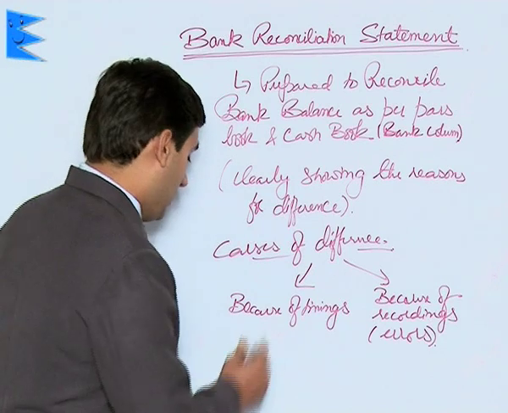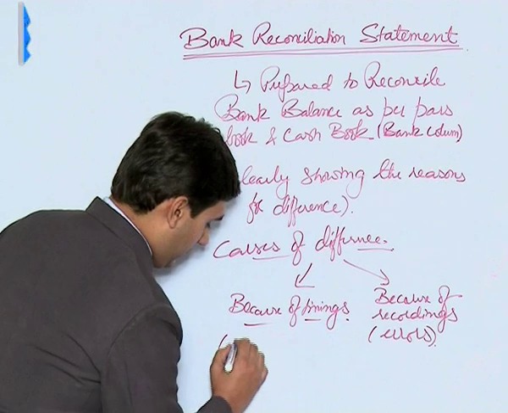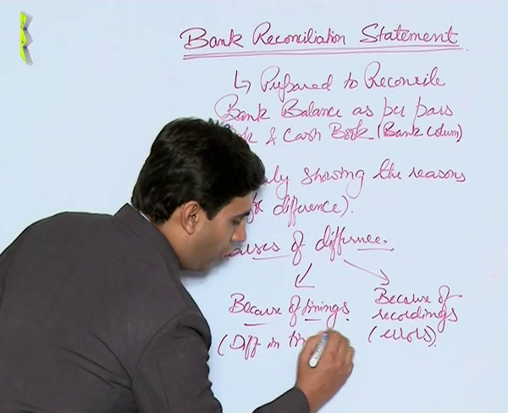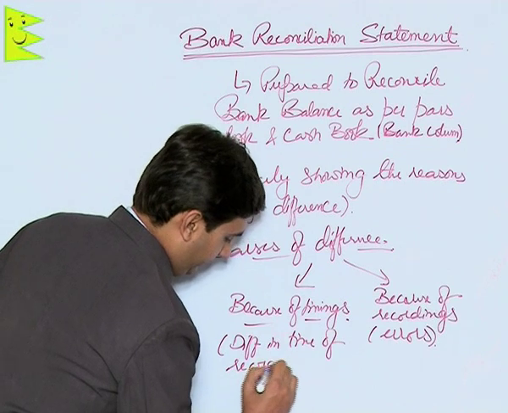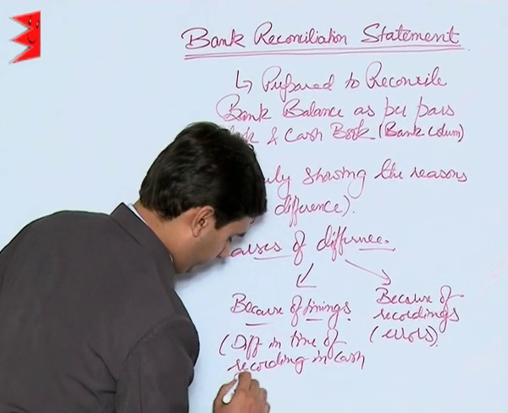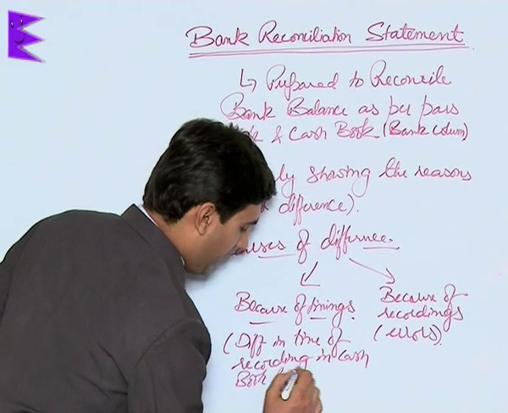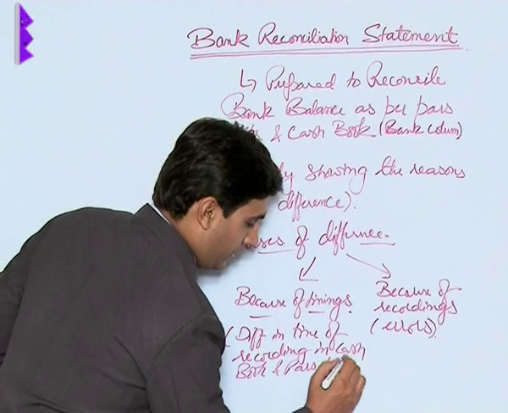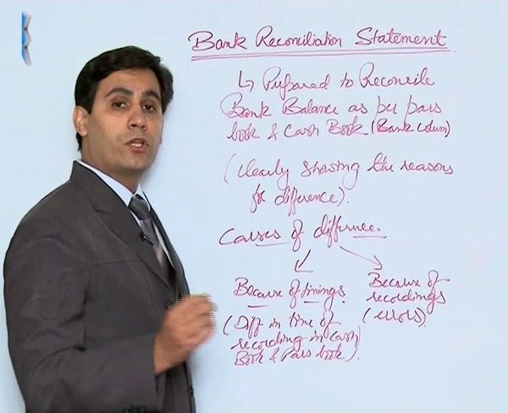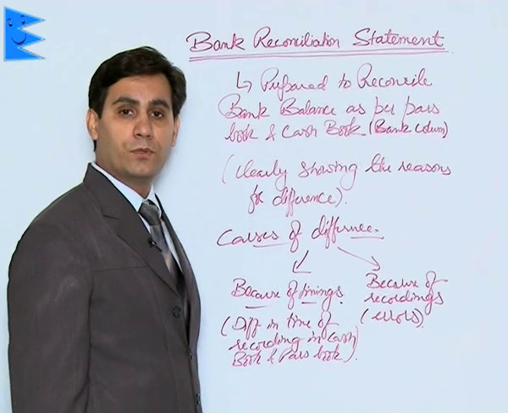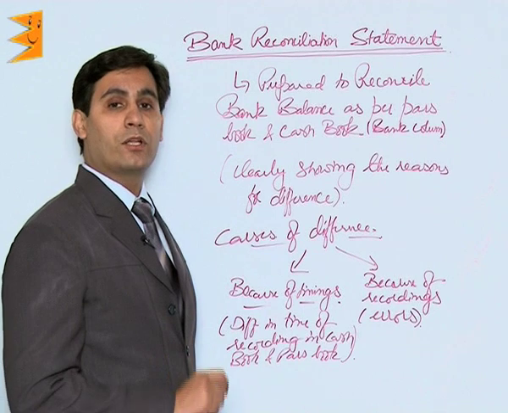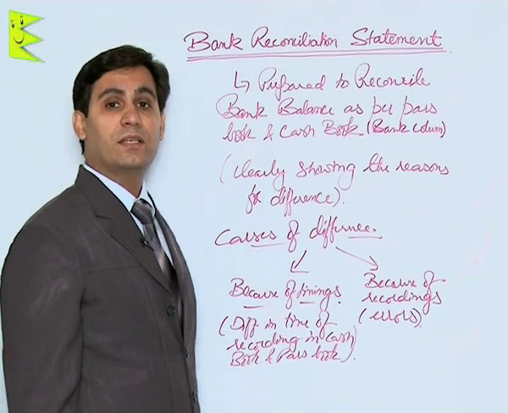That is timings, that is the difference in time of recording in the cash book and passbook. Many a times you will see that when you deposit a check, you record it immediately in your cash book that the payment has been received. But students, the bank will record the amount only when the amount is received.